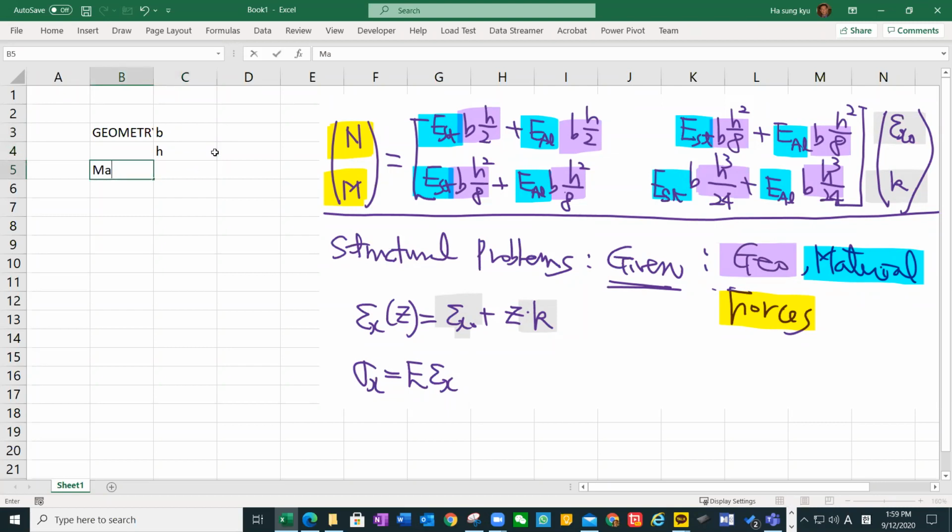And also we have a material. As a material, we have a steel, Young's modulus of a steel, and Young's modulus of the aluminum. And the last one is the forces, as an in-plane load N and in-plane moment M. So these 6 numbers are given.